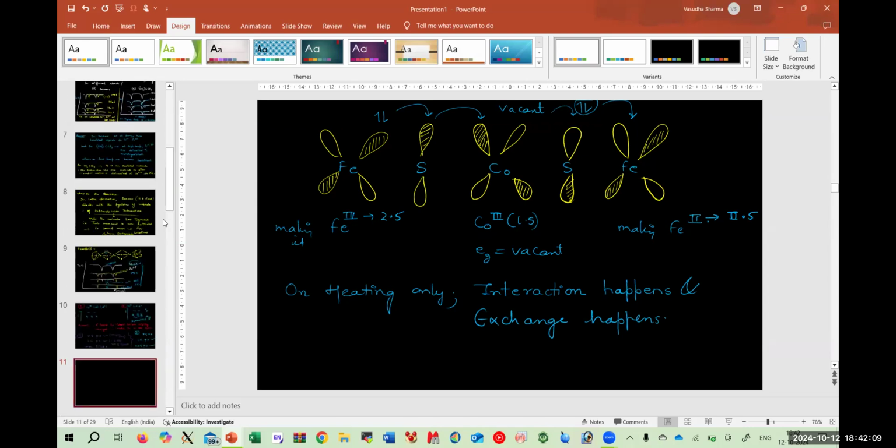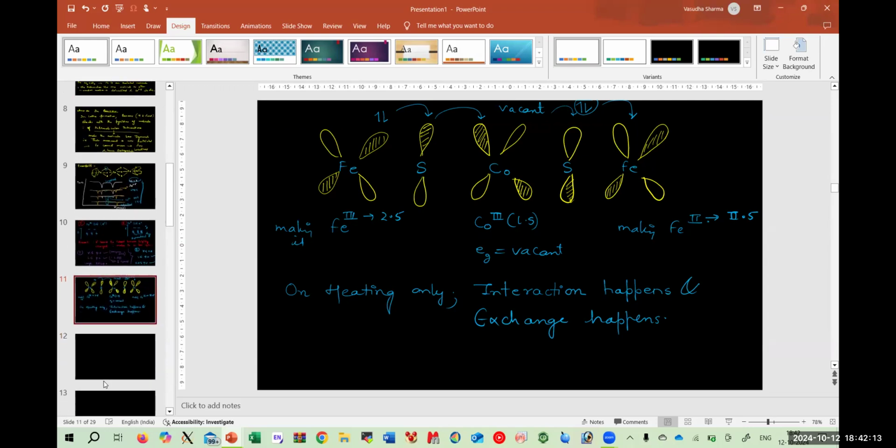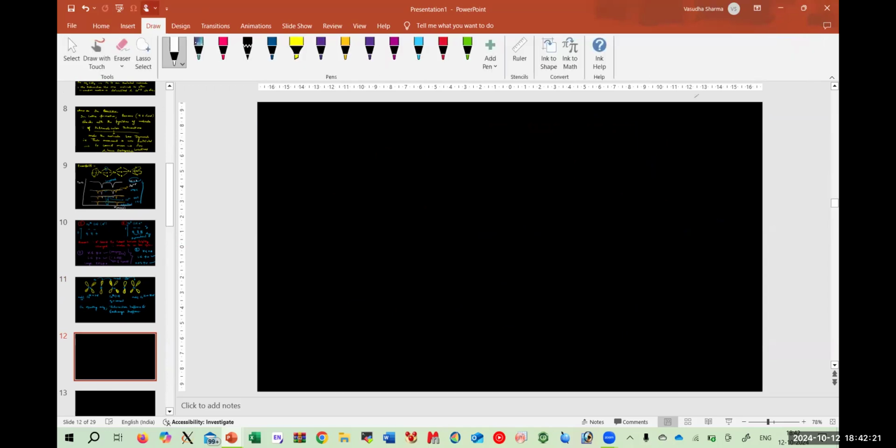So I hope this concept is also clear. Now we go to our next example. Example 3 is here: iron sulfur clusters.